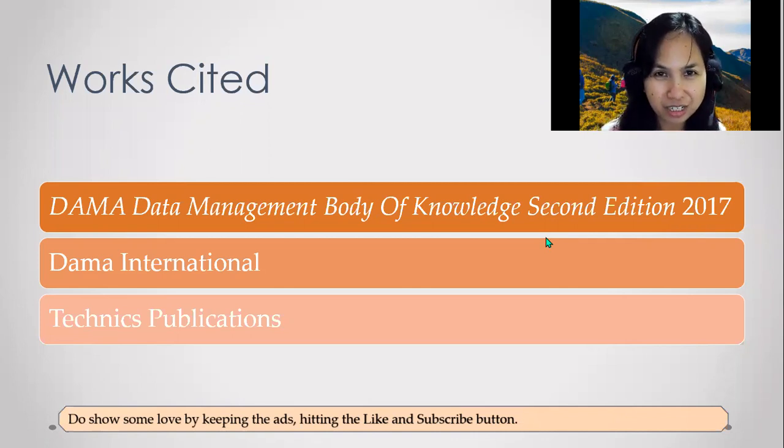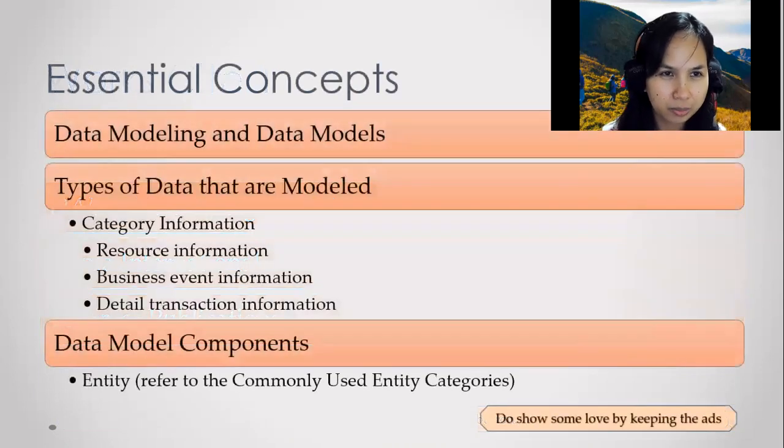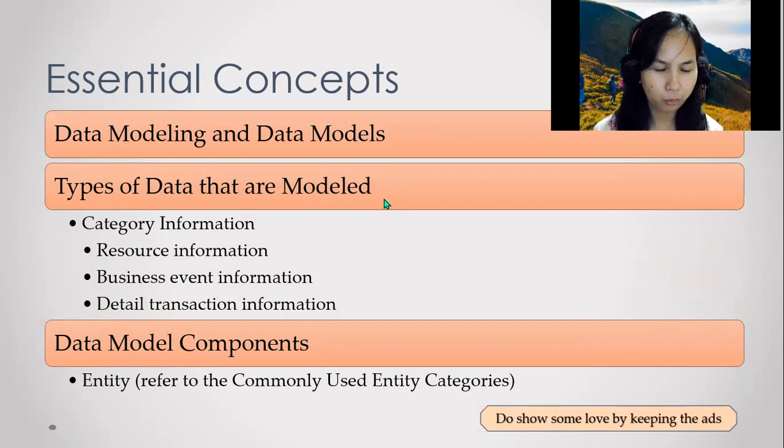For today, we'll continue our discussion on data modeling and data models, and what we can learn from the Data Management Body of Knowledge, second edition of 2017. Now, as we go further, let's talk about data modeling. What we learn soon is that data modeling is most frequently performed in the context of systems development and maintenance efforts, known as the system development lifecycle.